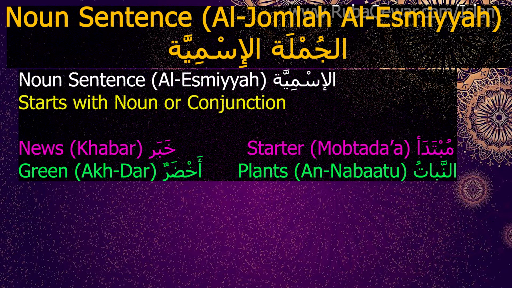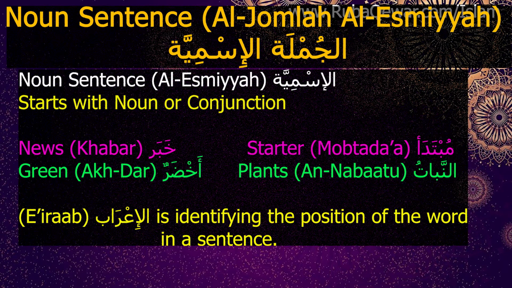Now, I want to go even further, and this is more advanced: I have to identify each one. We call it syntax, or إعراب, like identifying the position of the word.